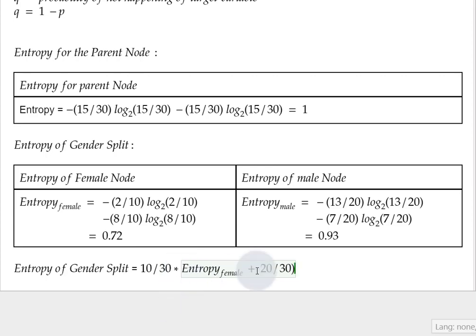So I need to put a bracket over there so it will be easier. This is the factor into my entropy value of male. So this will be the entropy value of the whole gender split over there, right?